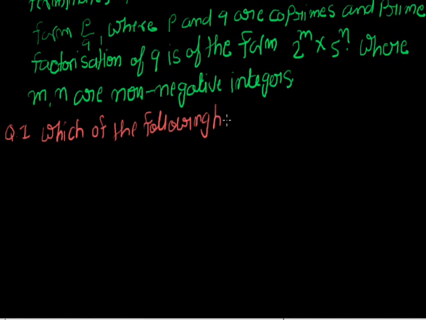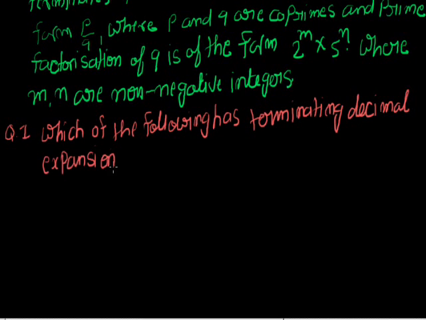The first one is 13 upon 3125. The second one is 14 upon 35. Now let us check.